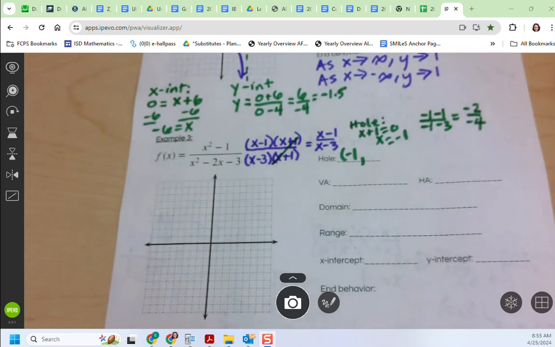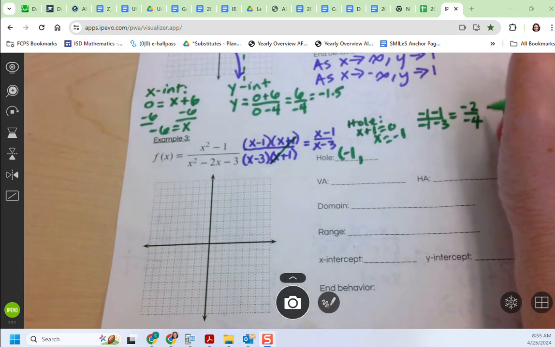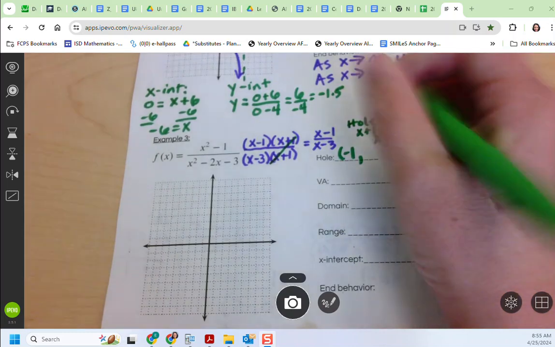What does that simplify to? So negative over negative is what? Positive. And I could write it as positive 0.5 or positive 1/2, up to you. I think decimals are easier to graph, but that's up to you.